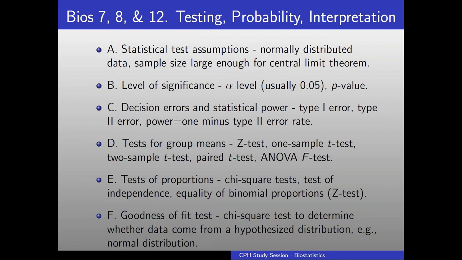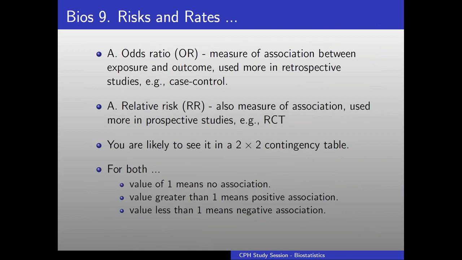The goodness of fit test, again, is one of those topics you may or may not cover in an intro stat course, but we're not talking about anything elaborate here. We're talking about chi-square tests to determine whether data come from a hypothesized distribution, like a normal distribution. So this is another application of chi-squared tests that you might have.